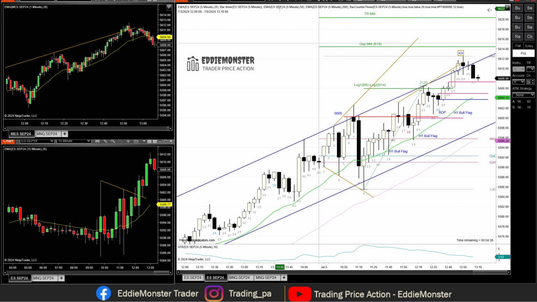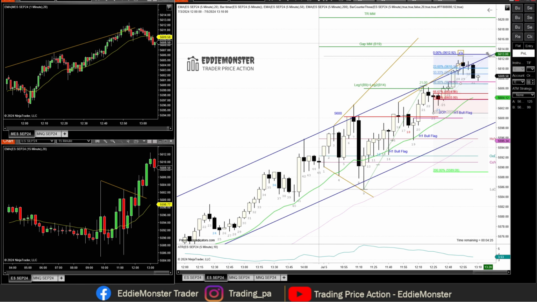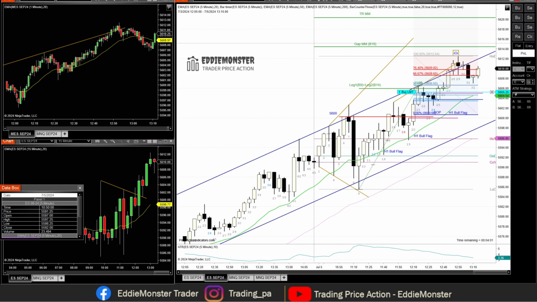If we take into consideration this leg, we're not even at the 50%. So it's not good to take that fade on 31 unless it is really strong. So, good location. Good 32.